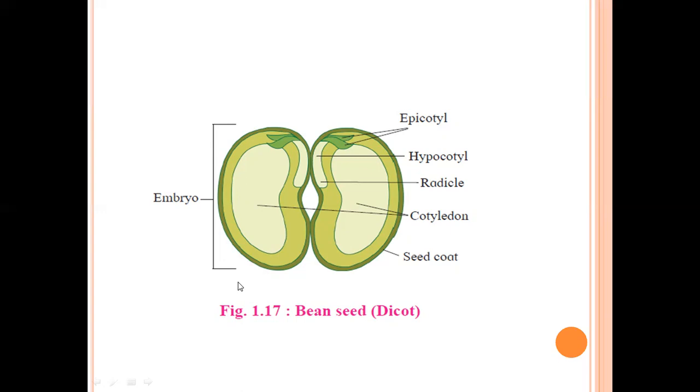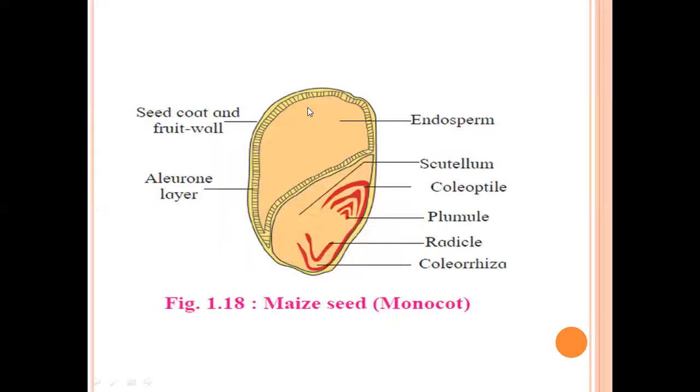Now we'll discuss the monocot seed. See, it is the structure of a monocot seed, maize seed. Monocot, a single cotyledon is there. Just like dicot, the outer covering is the seed coat, and it is also called the fruit wall. After that, these two parts are there because of this layer, which is called the aleurone layer.